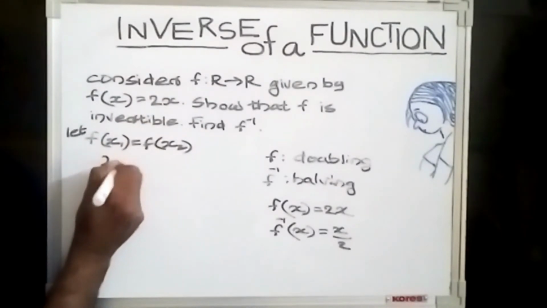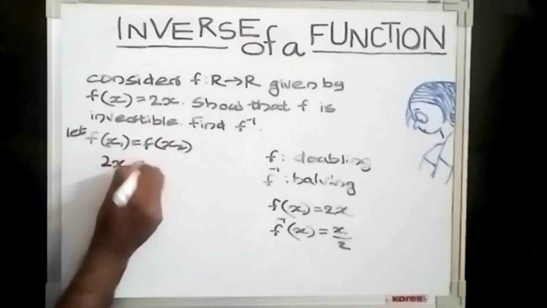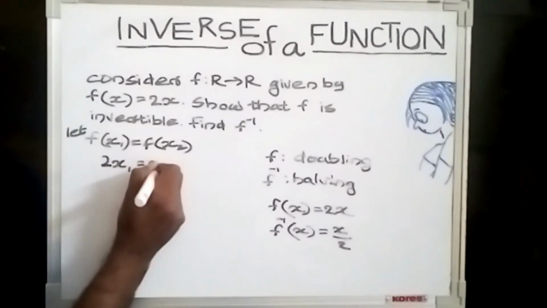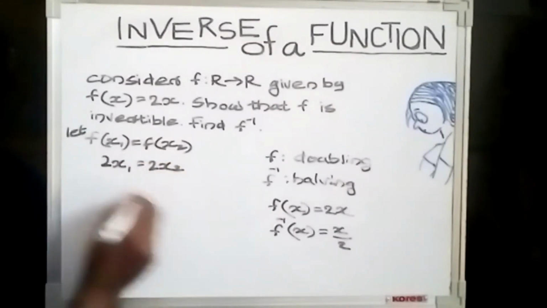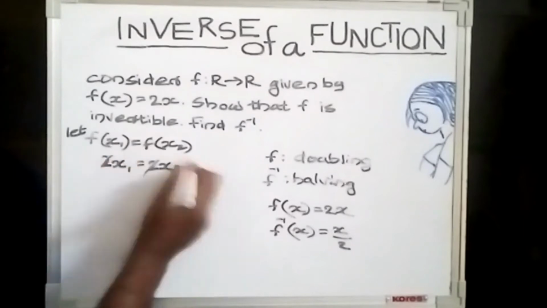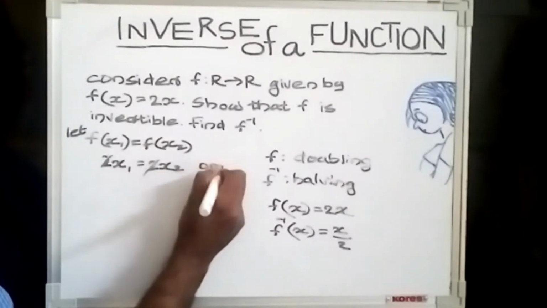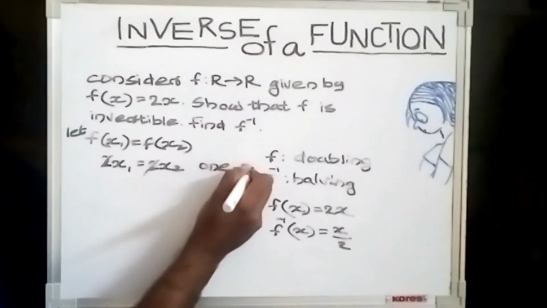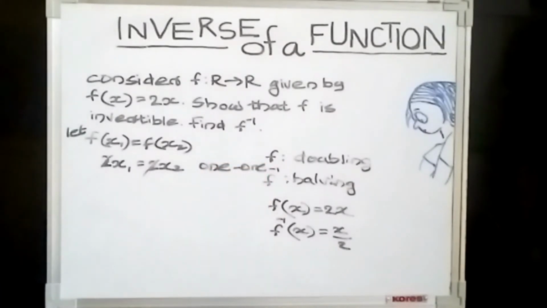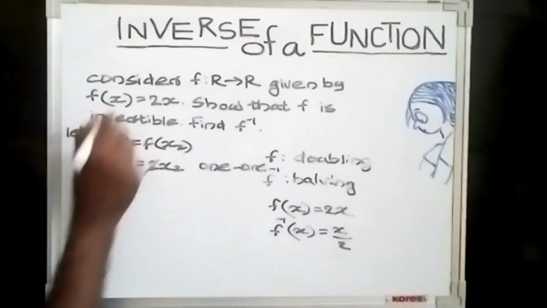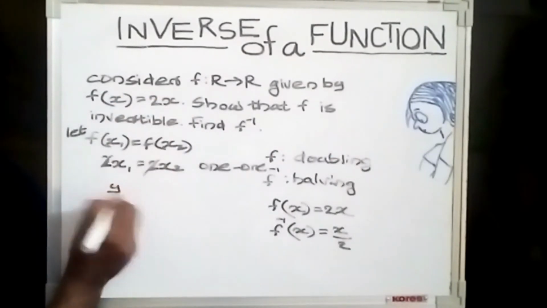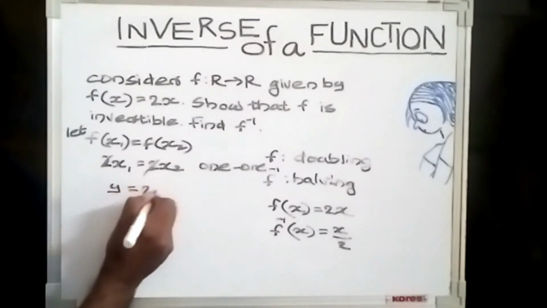Therefore, 2x1 equals 2x2. Therefore, 2 is cancelled. We have x1 equals x2. The function is one-one. And how to show that it is onto? Let there be an element y in the second set such that y equals 2x.